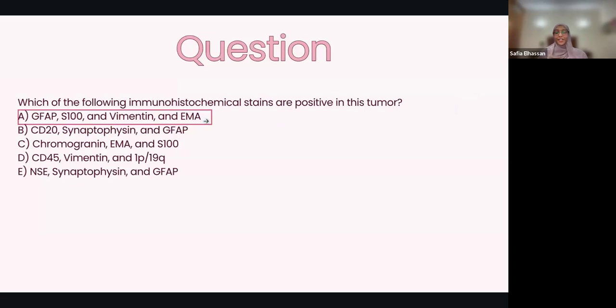For this one, honestly, you just have to memorize the stains. Just know that ependymoma has every single stain, these four. It has so many stains compared to the other tumors, which just have 1 or 2.